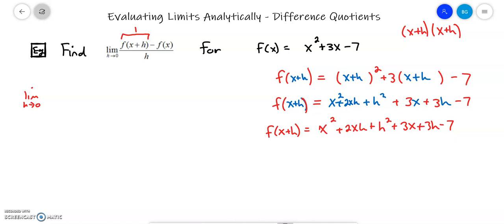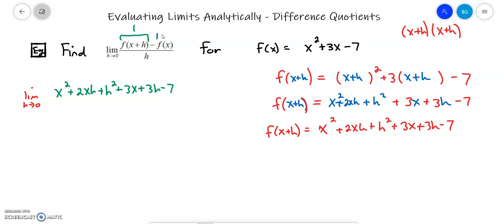Do I have enough colors to color code this? We'll see. Green is going to be f of x plus h. So it's going to be x squared plus 2xh plus h squared plus 3x plus 3h minus 7.